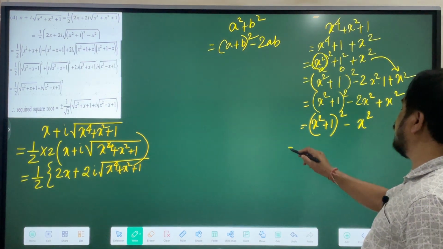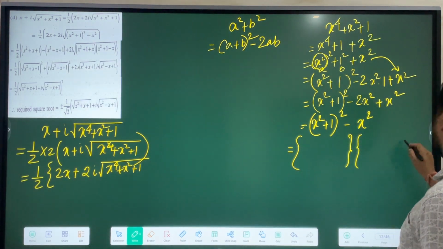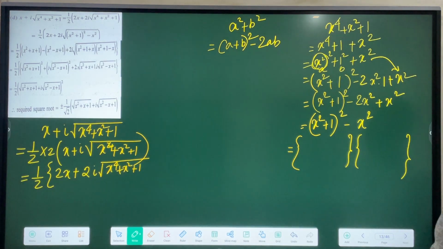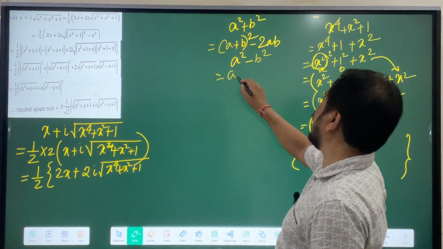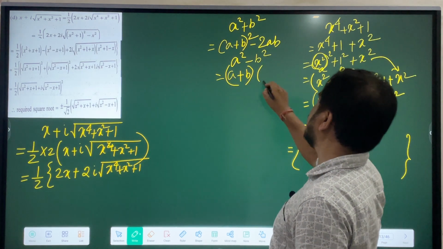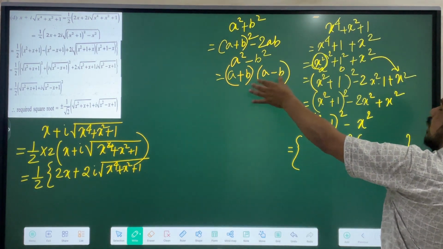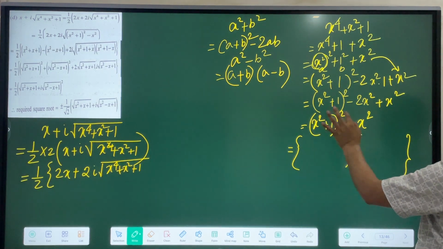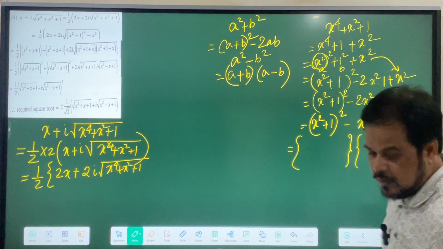Now this one we will write by applying the formula a square minus b square, which we know is (a plus b) into (a minus b). a square minus b square is (a plus b) into (a minus b).